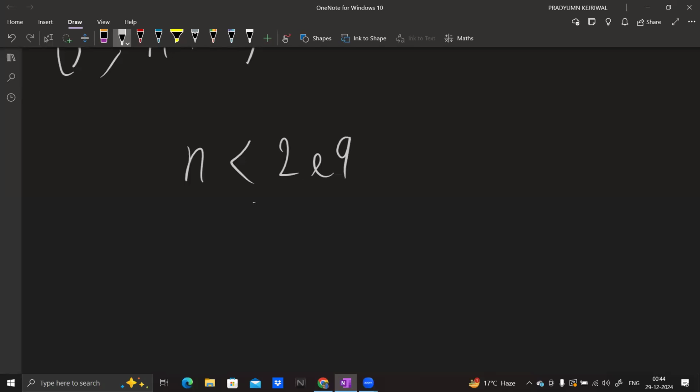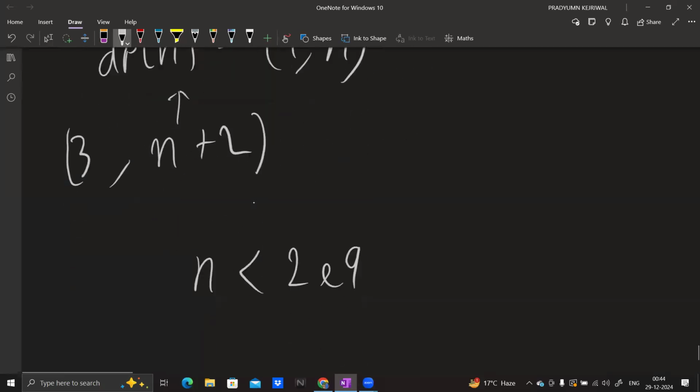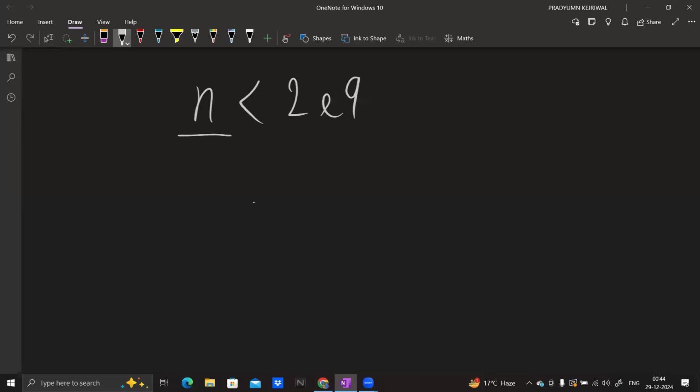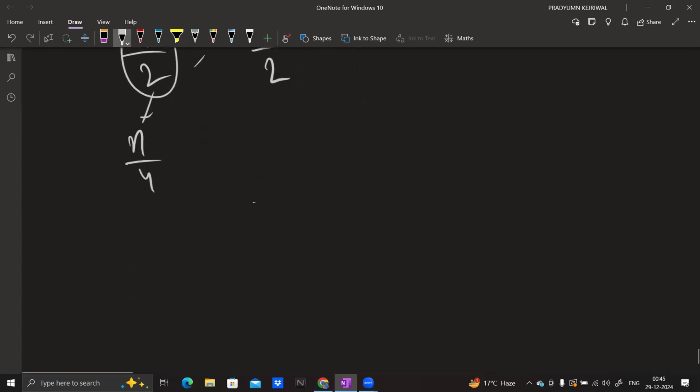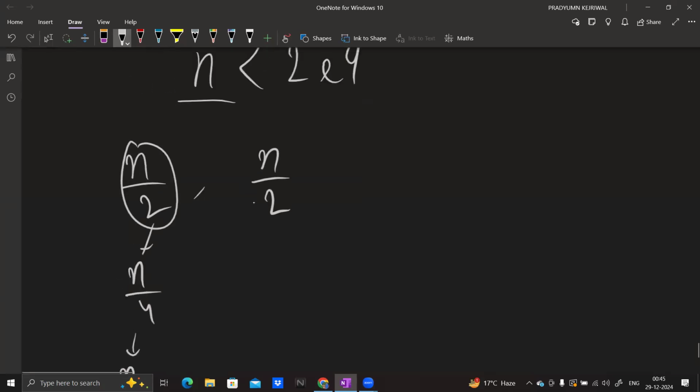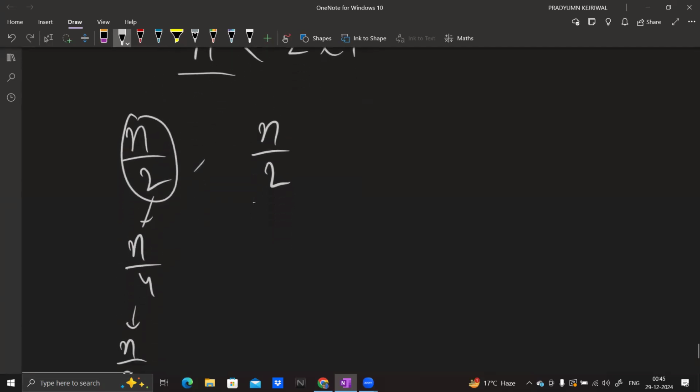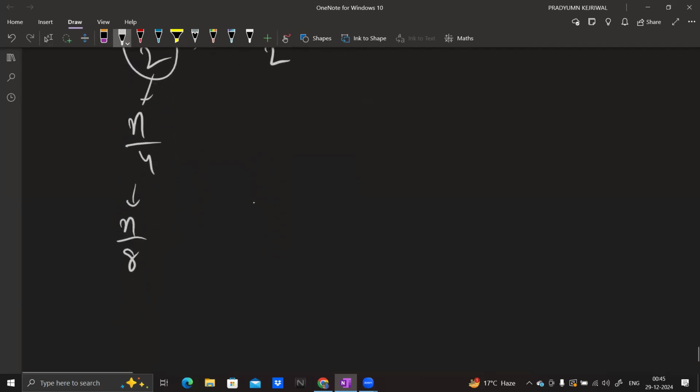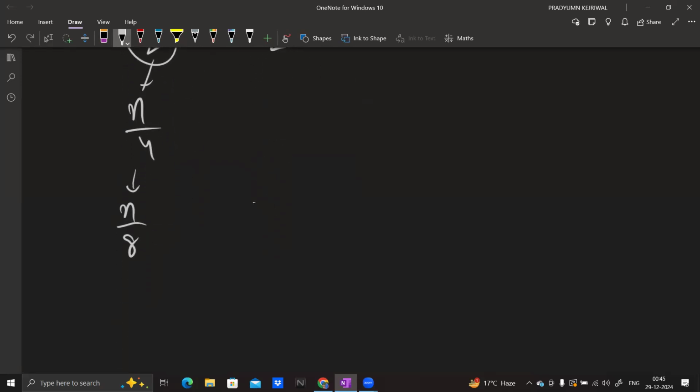So the thing is, notice that for calculating the answer for n, we are calling the function for n by 2 and n by 2. Then for calculating n by 2, this would call for n by 4, then n by 8. So only these numbers would be called; in the DP, only these ones would be stored: n by 2, n by 4, n by 8, up to the point it becomes 1.